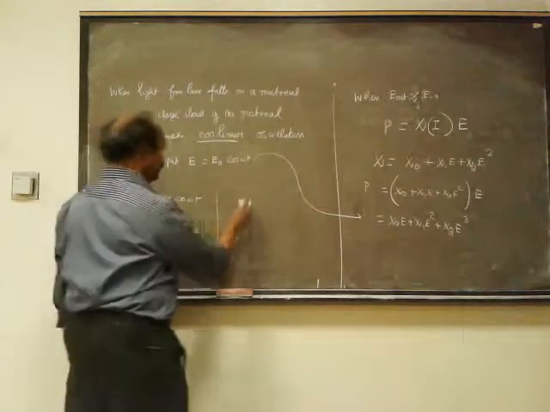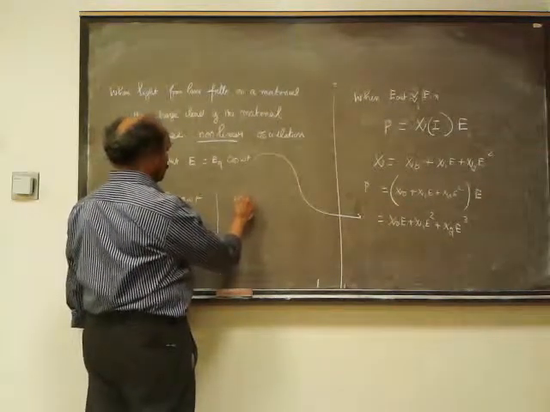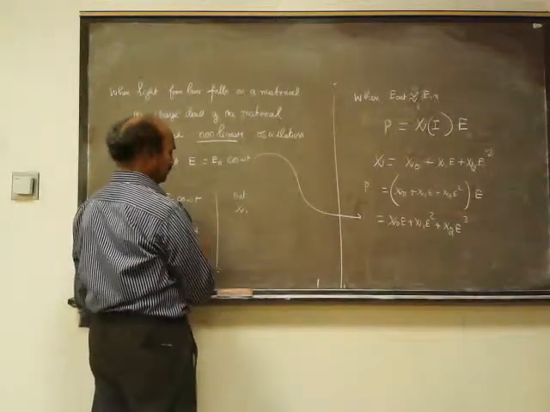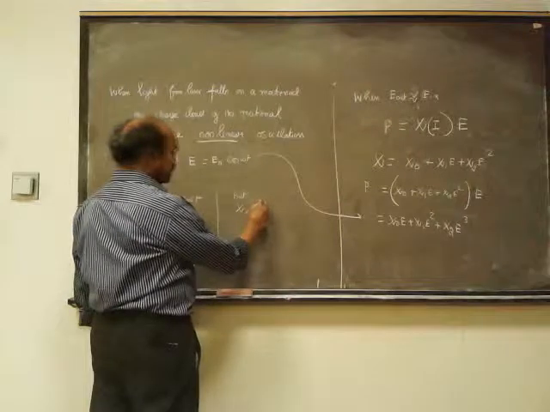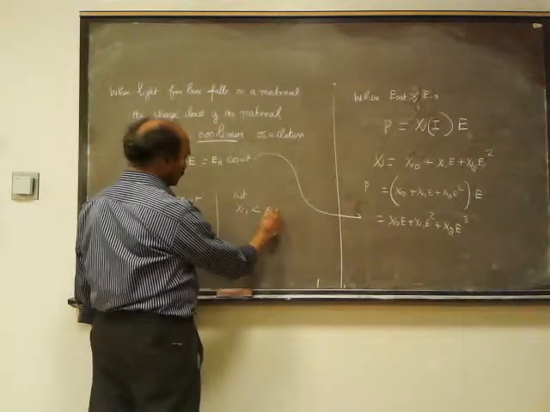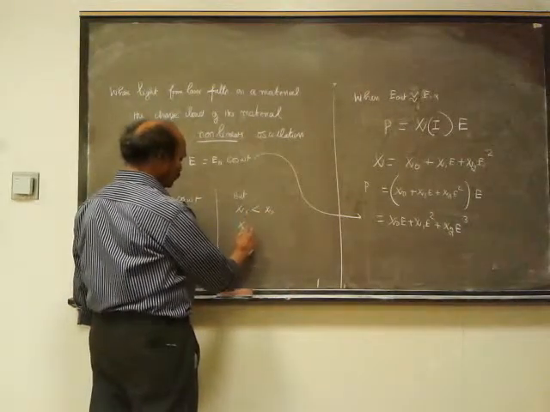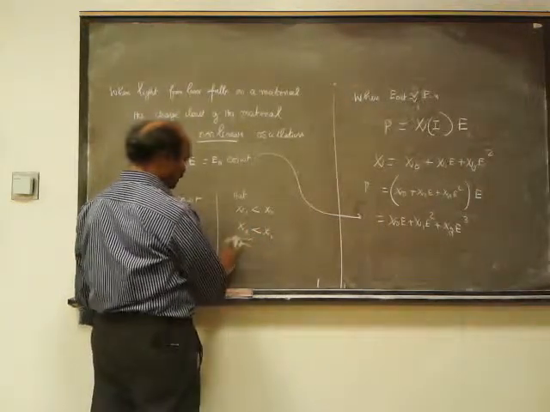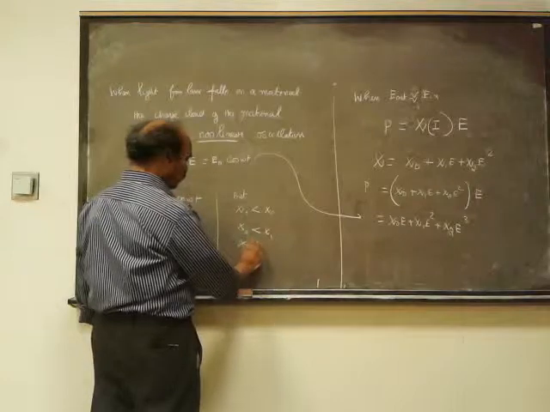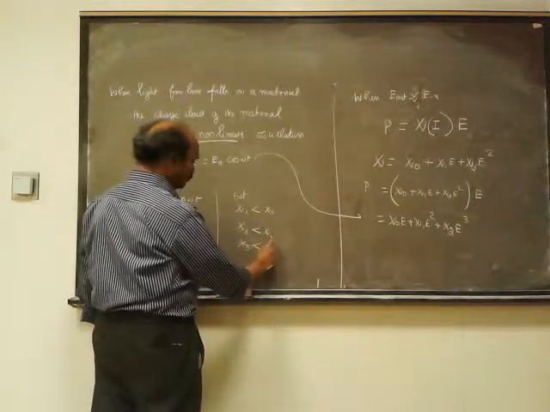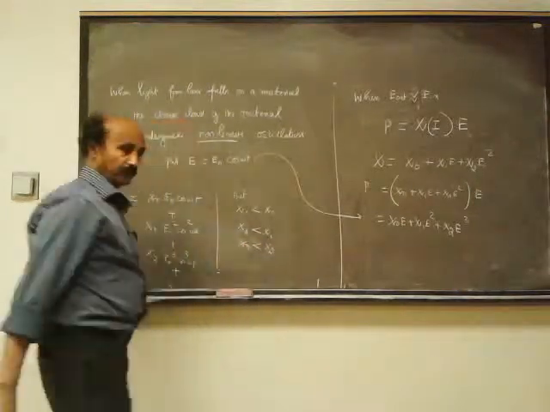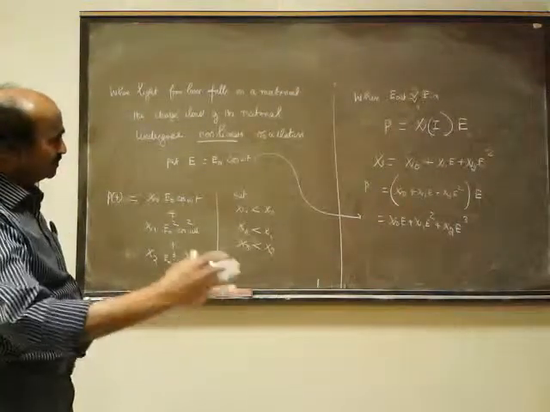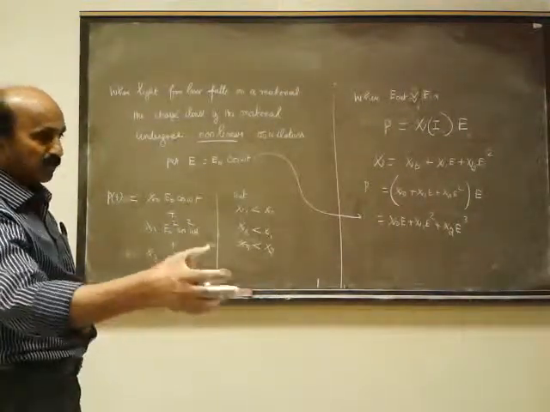But we can say chi 1 is smaller than chi 0, and chi 2 is smaller than chi 1. Chi 3 would be smaller than chi 2, because all the non-linear terms become smaller and smaller.